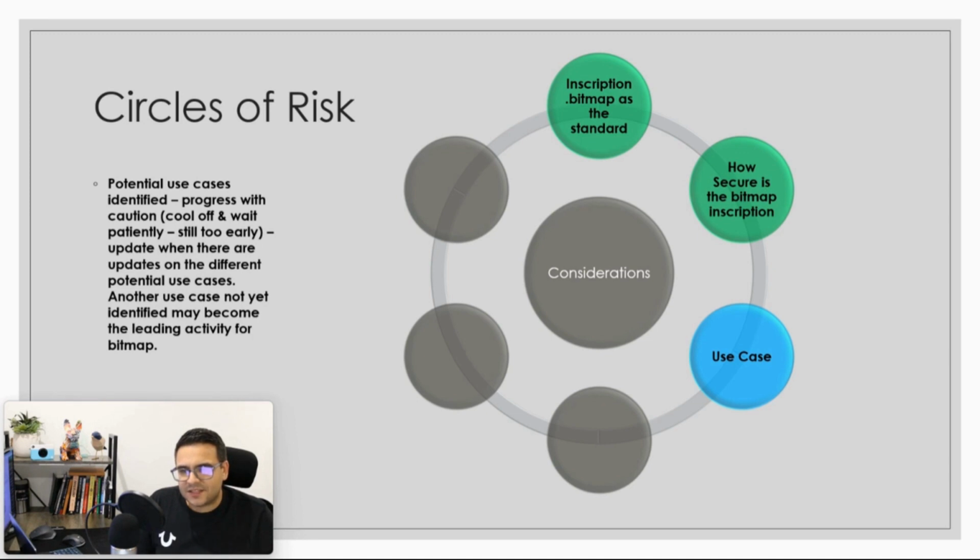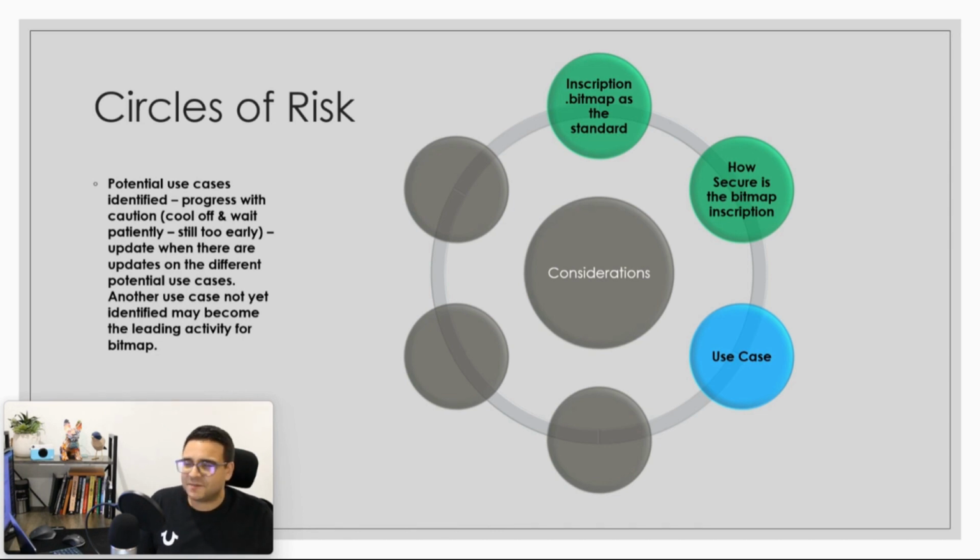So instead of giving it the green light, I've given it a blue light. And I think it's something that we just have to progress with caution ultimately, because it's so early. The idea itself is concrete, but the use cases need time.